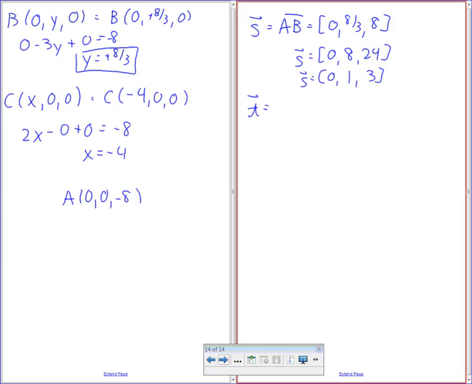T is going to be BC, which is going to be negative 4, negative 8 over 3, comma 0, which is 12, comma 8, comma 0, which is 3, comma 2, comma 0.